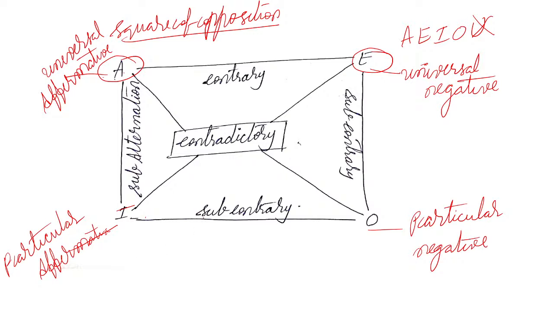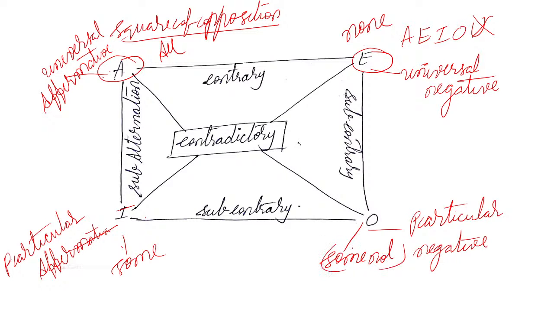Please remember this, like we write the vowels A, E, I, O. This is universal affirmative, all. This is no, none. And this is some, and this is some not.